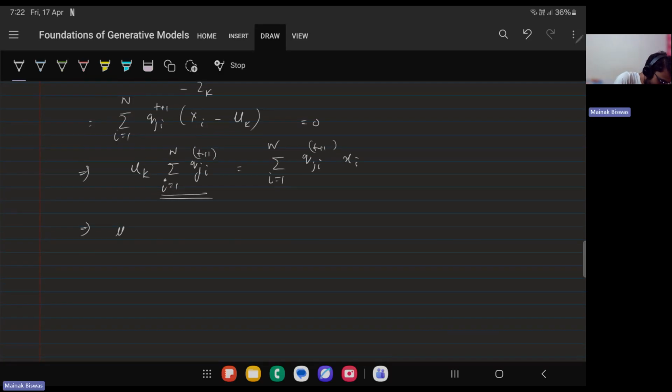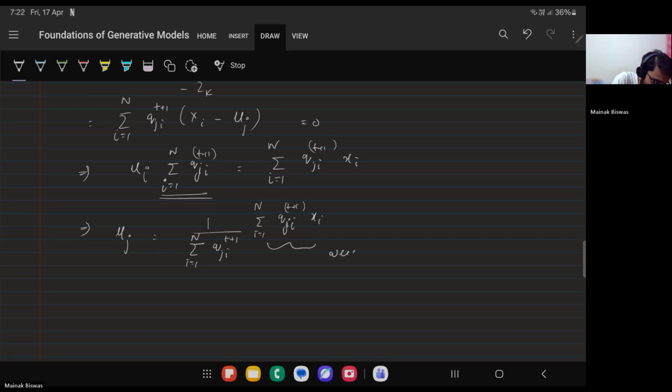So mu k, I know all these values already, but there's a closed form is what I'm trying to say: summation of q j I t plus 1 xi over summation of q j I t plus 1. Sorry, not the k, it's the j term because I took derivative with respect to j. So you see this is a weighted average of each data point.